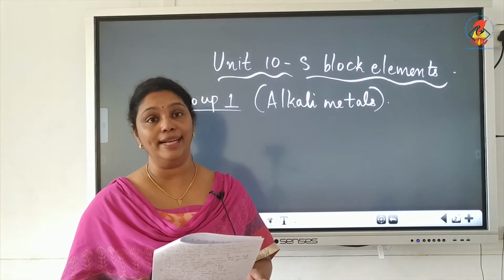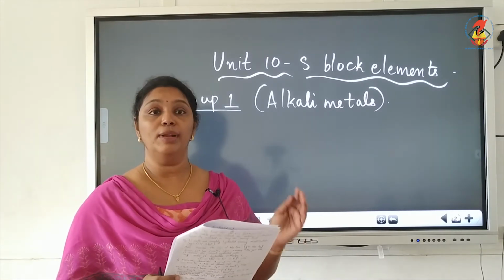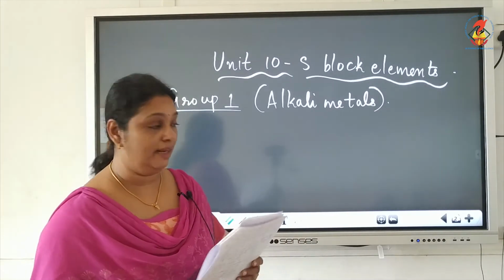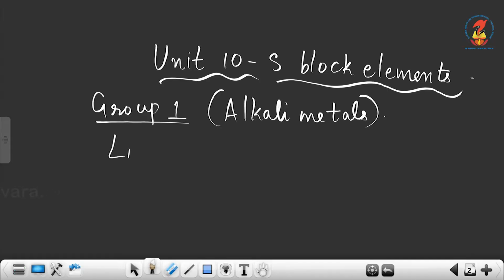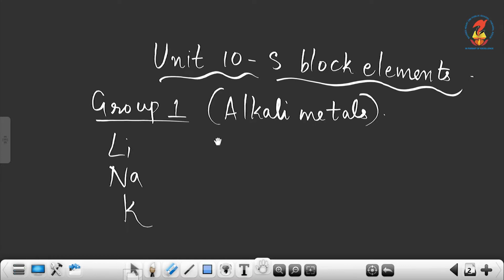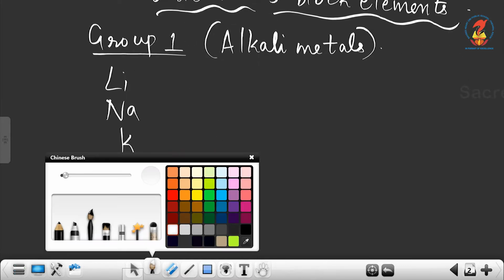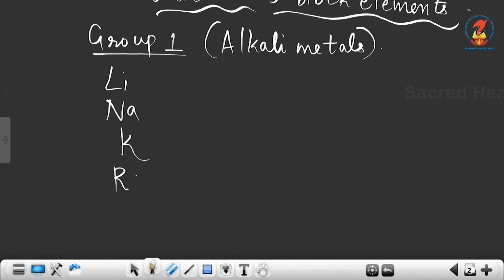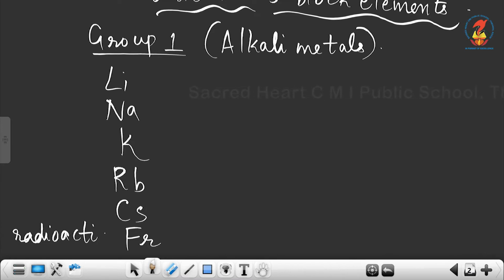So, they are called alkali metals. Now, let us see which are the group 1 elements. The group 1 elements are lithium, sodium, potassium, rubidium, cesium and francium, out of which francium is the radioactive element.